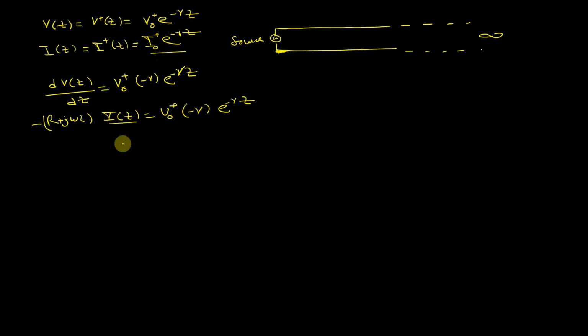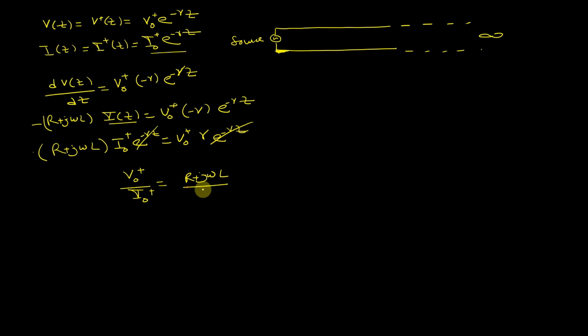Iz is I naught plus e raised to power minus gamma z, so the minus signs cancel, and you get R plus j omega L times I naught plus e raised to power minus gamma z equal to V naught plus gamma e raised to power minus gamma z. So that will cancel out. If you take the ratio V naught plus to I naught plus, it is equal to R plus j omega L divided by gamma.